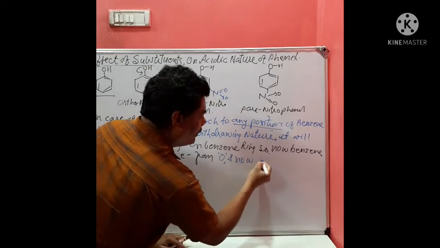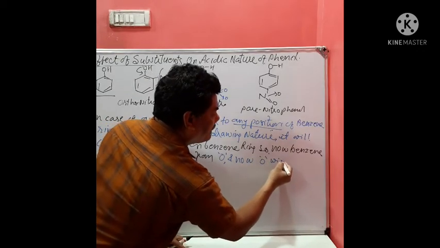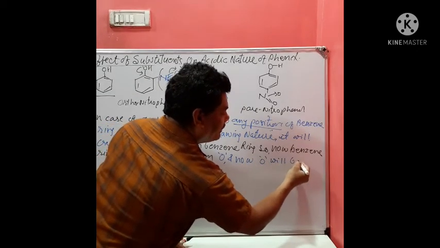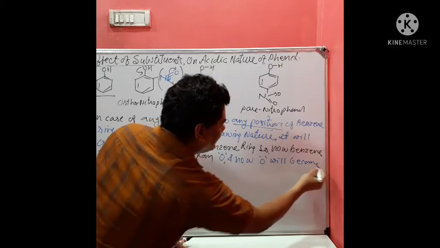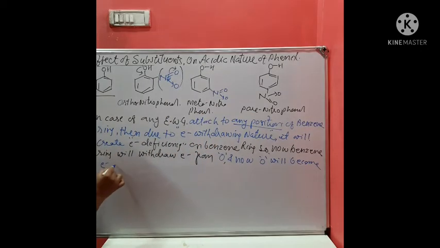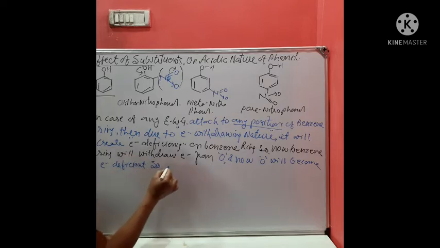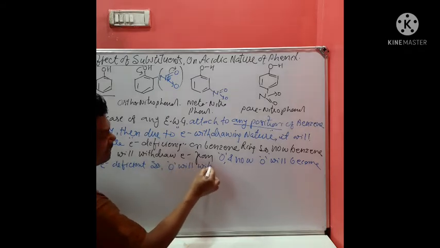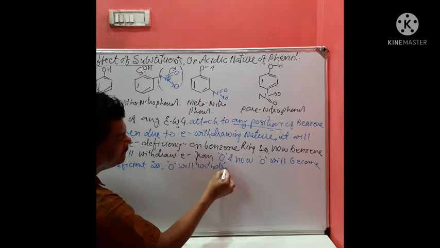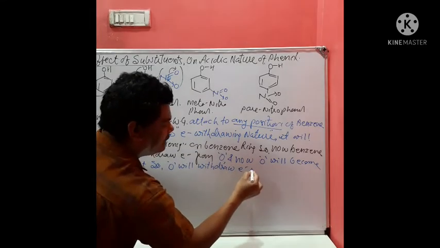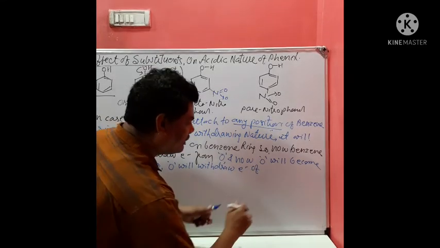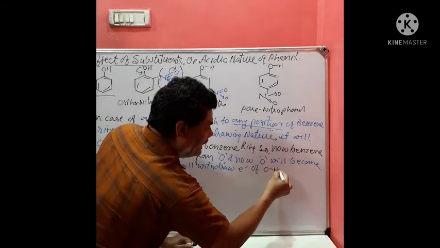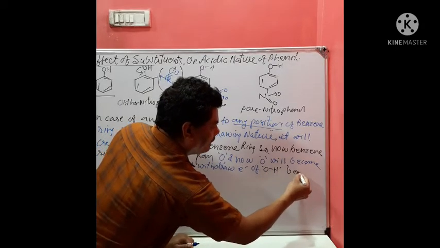Now oxygen will become electron deficient, so oxygen will withdraw electrons of which bond? OH bond.